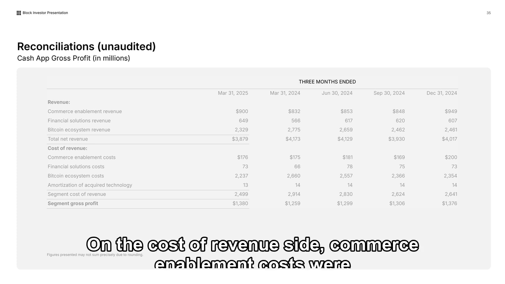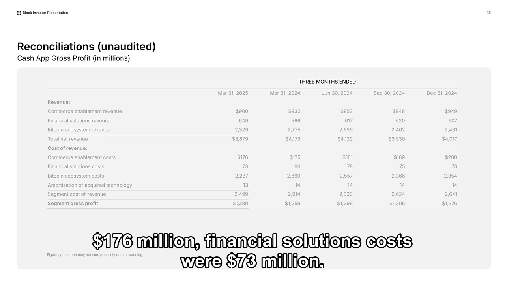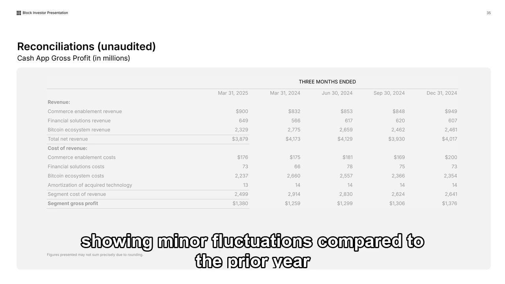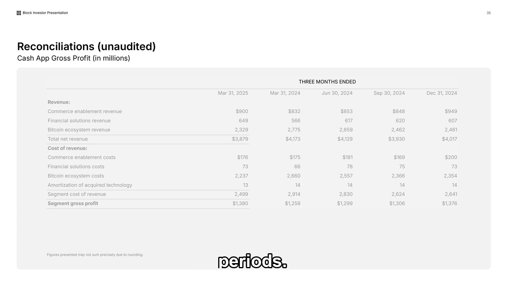On the cost of revenue side, commerce enablement costs were $176 million, financial solutions costs were $73 million, and Bitcoin ecosystem costs amounted to $2,237 million, showing minor fluctuations compared to the prior year periods.